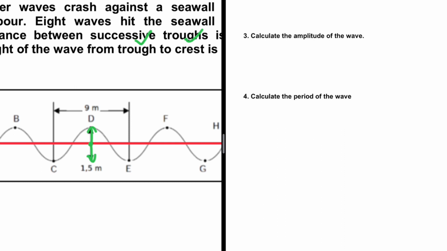So in this case, the amplitude is equal to 1.5 divided by 2, which is equal to 0.75 meters. So there we go. We have our amplitude, which is 0.75 meters.